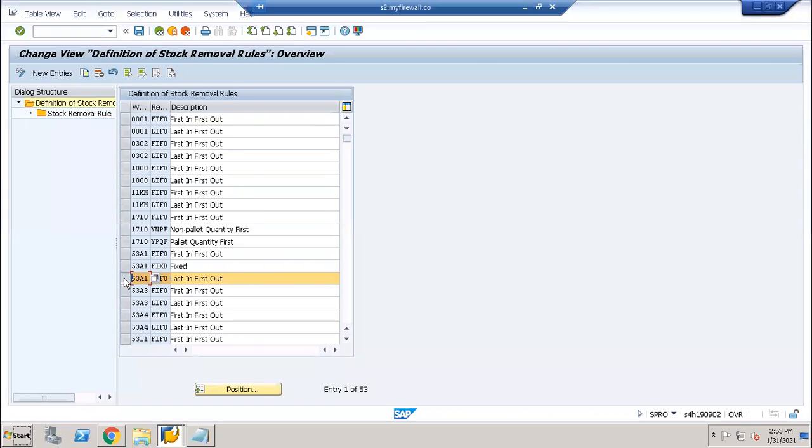Let us suppose our consumer industry products, like Coke or liquor, have huge consumption. So we do LIFO: whatever we are getting, we are supplying from the stack. It is last in, first out.